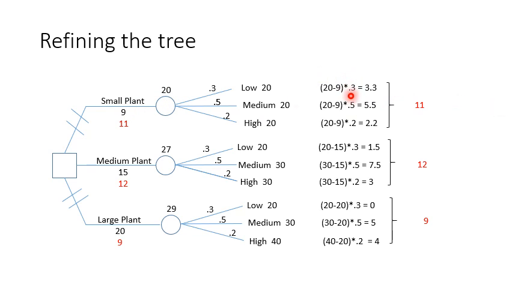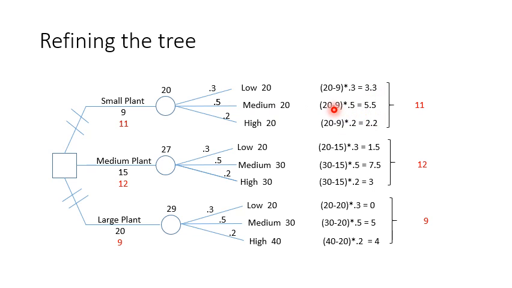Or we can also look at the EMV associated with each individual path through the network, and this is the more formal way of looking at it. So in this case we have 20 less 9 times the probability here, so that gives me an EMV of 3.3.